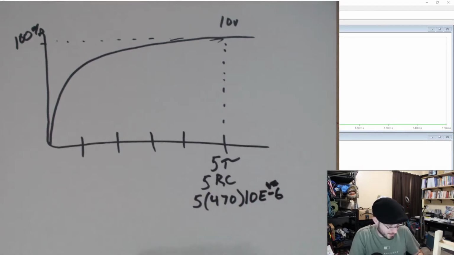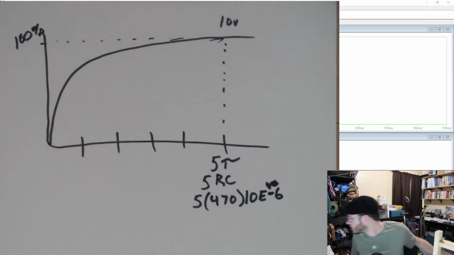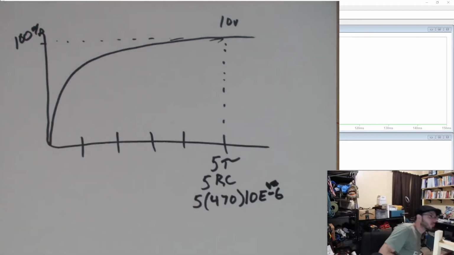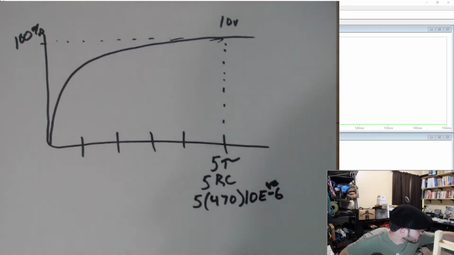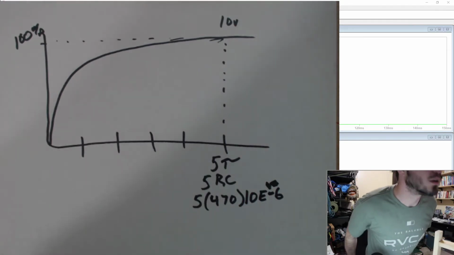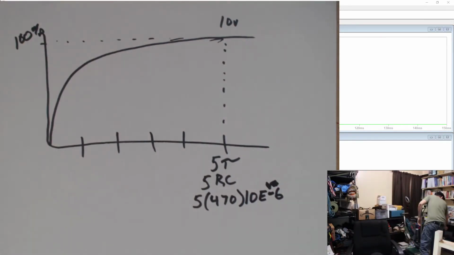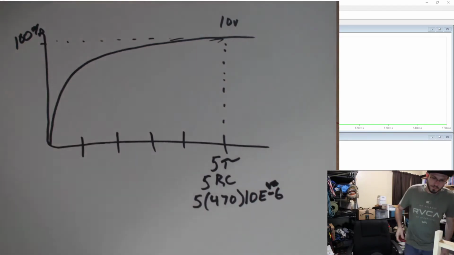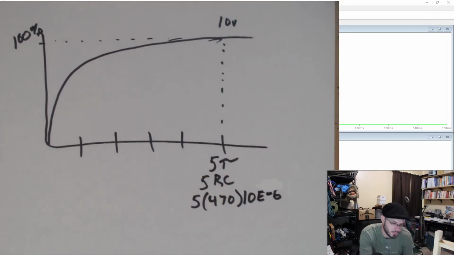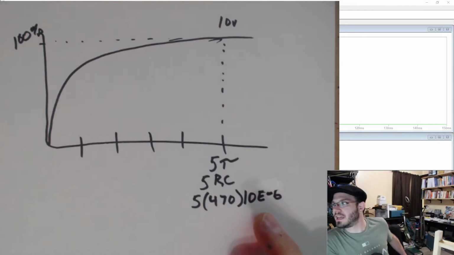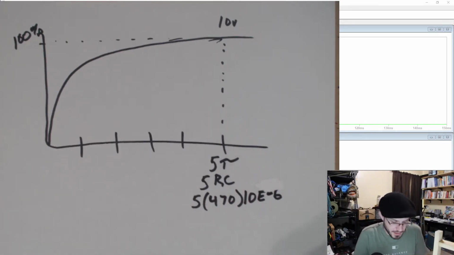Let me erase that. Okay, so just scientific notation, I'm abbreviating times 10 to the minus 6 by saying E minus 6, not to be confused with epsilon.